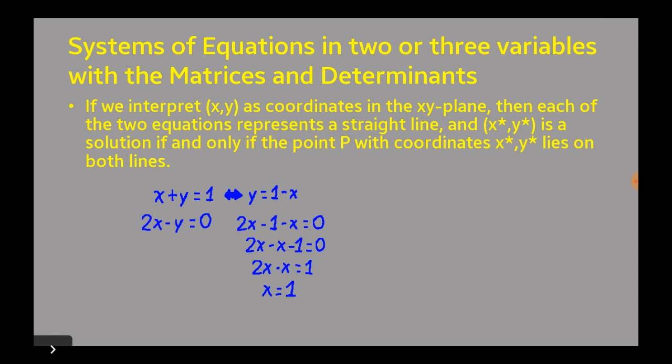Then x equals 1. Now from x plus y equals 1, the x value gives 1 plus y equals 1, y equals 1 minus 1, so y equals 0. We can say the solution set is 1 and 0.